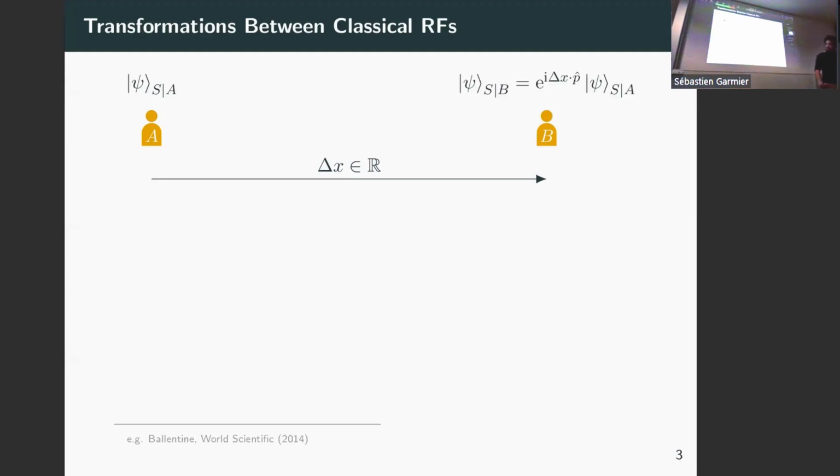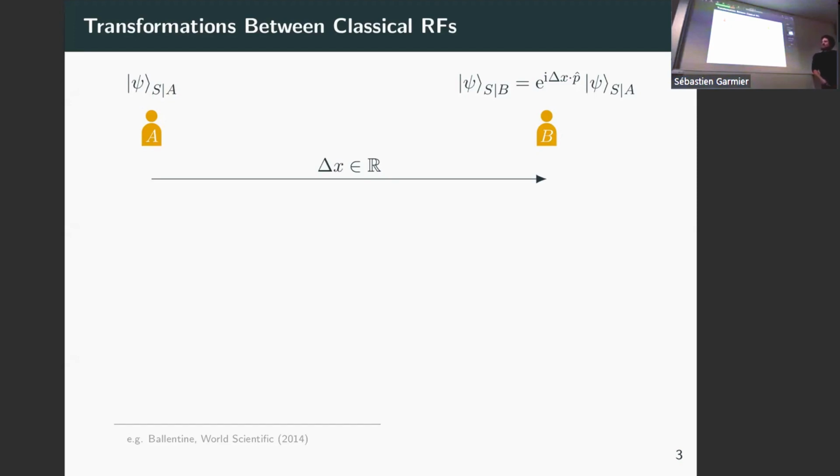This happens with this unitary operator, this translation operator. P is the momentum of the system, and delta x you have to feed into this transformation as a parameter.